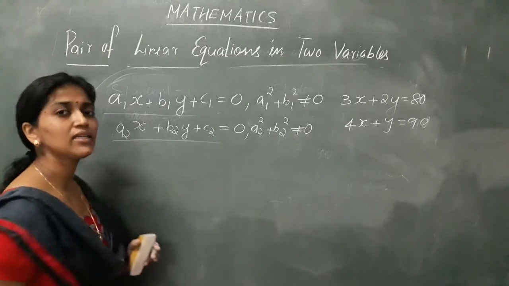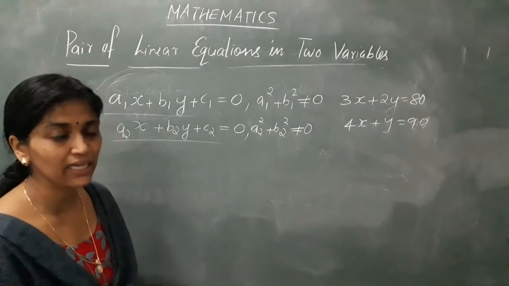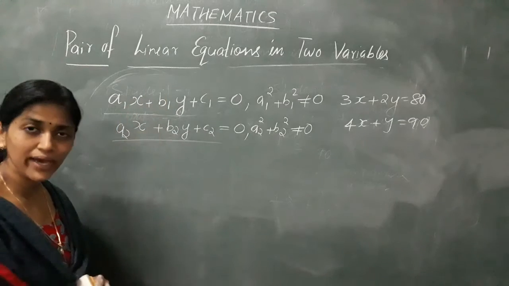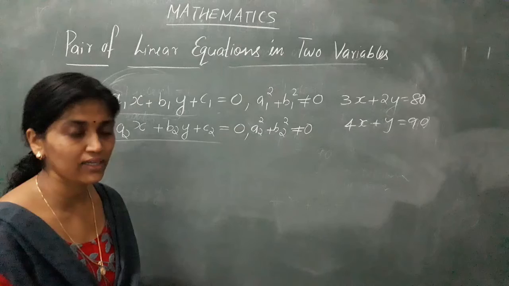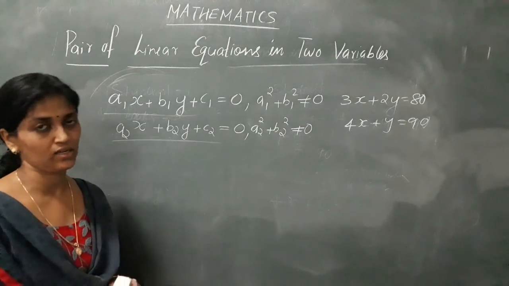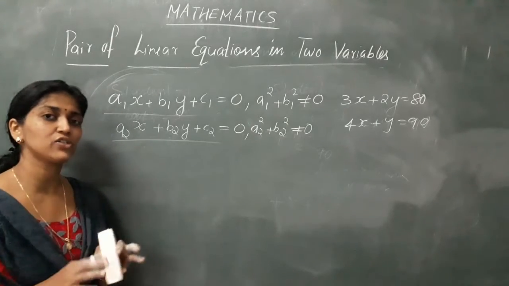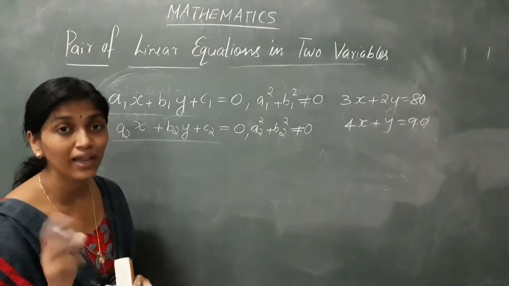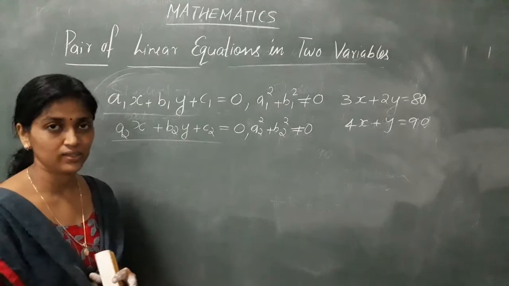So a pair of linear equations in two variables will be represented by two straight lines. That will be its geometrical representation. We will get two lines from these equations.